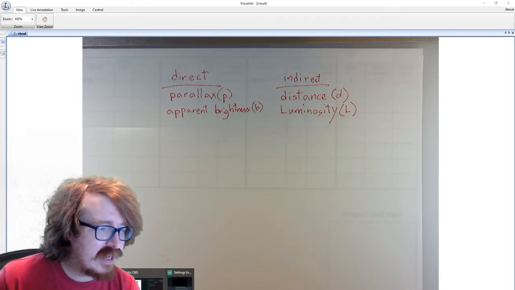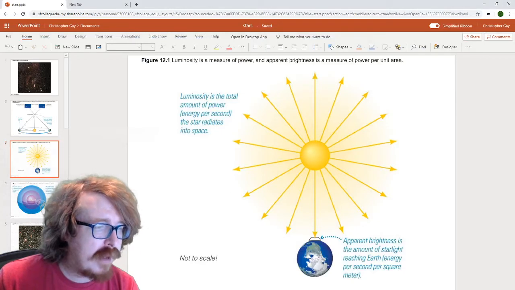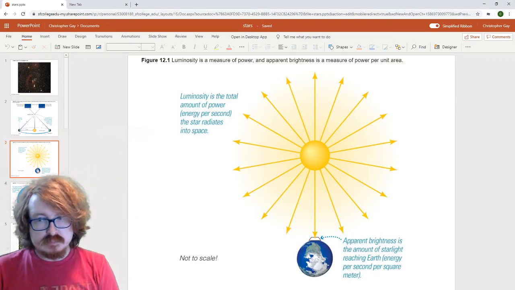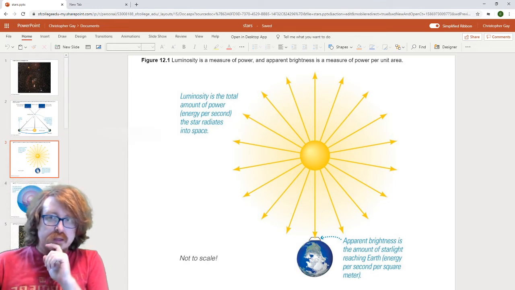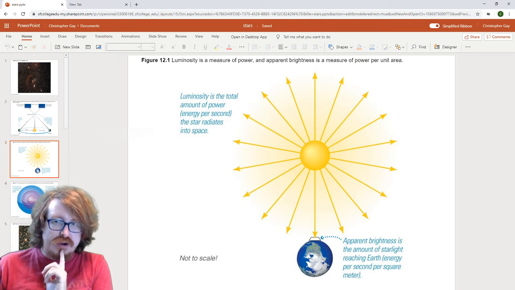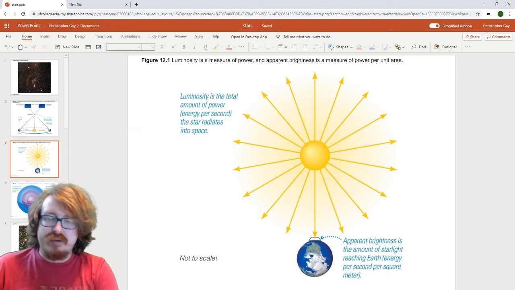And I'm going to give you guys a hint. I'm going to bring up my PowerPoint again. This picture will help you answer it. So it's definitely that less light gets to your eye, but why? Why does less light get to your eye when you go further away from this star?